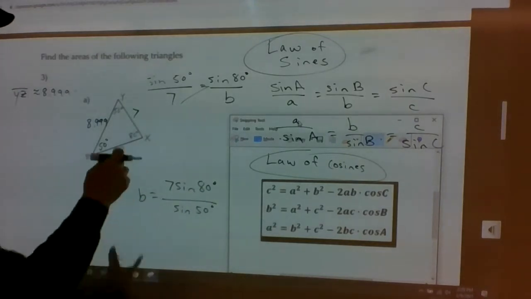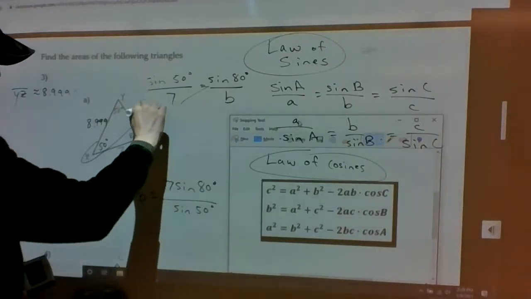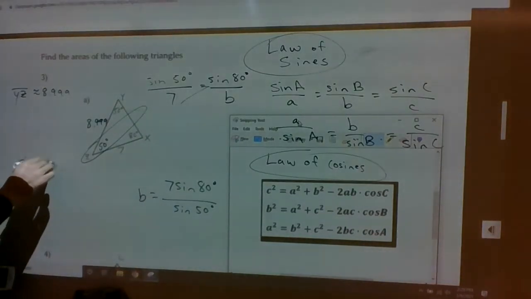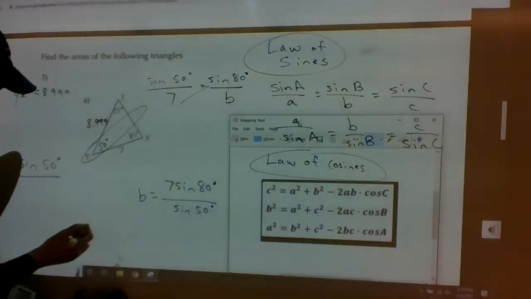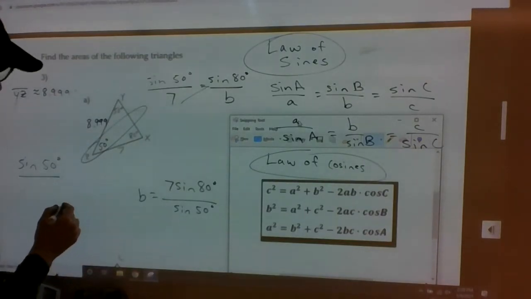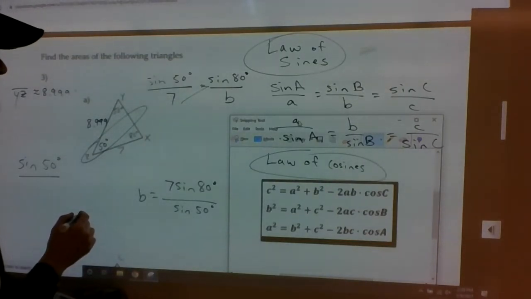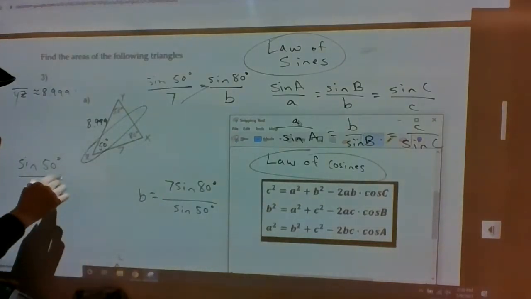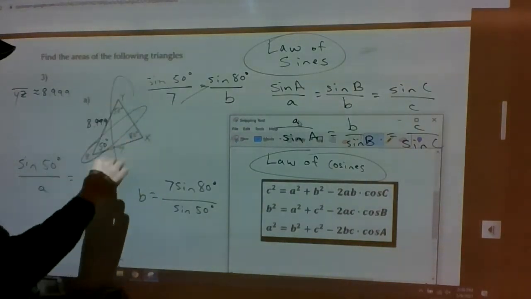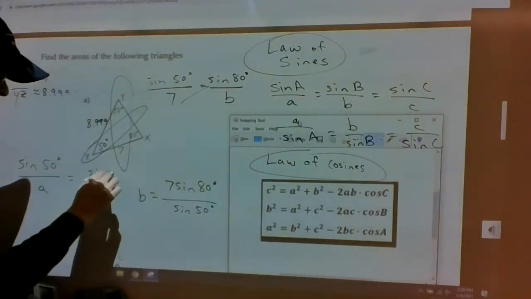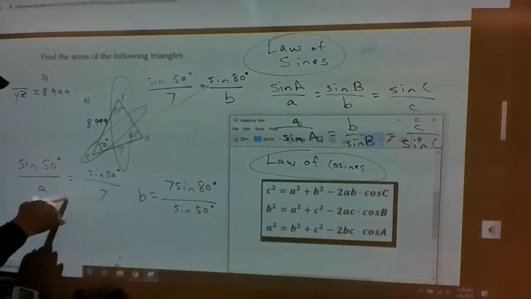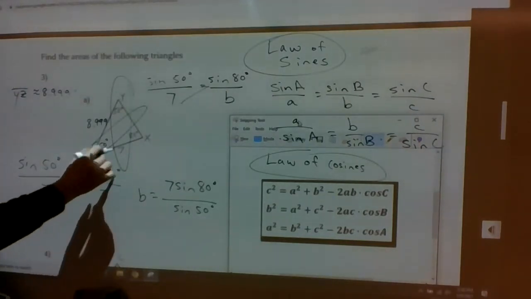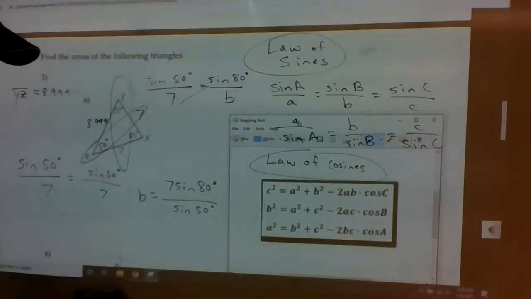I'm going to confirm that though. The sine of 50 degrees over unknown, we'll just call it A, equals sine of 50 degrees over 7. Well, yeah, they're proportions. Top's the same, therefore the bottoms have got to be the same. So this is 7 as well.